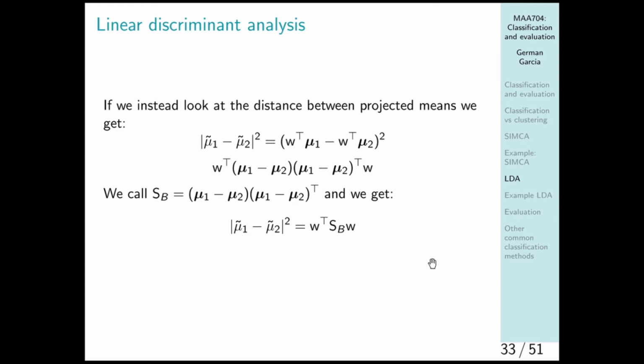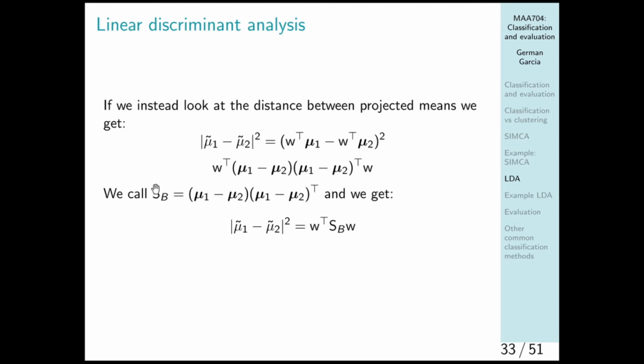Okay, now that one of the parts of Fisher's linear discriminant already depends on w, we're going to look at the distance between the projected means. And what we get is a really interesting quadratic form in which our matrix is defined by mu1 minus mu2 times mu1 minus mu2 transpose.